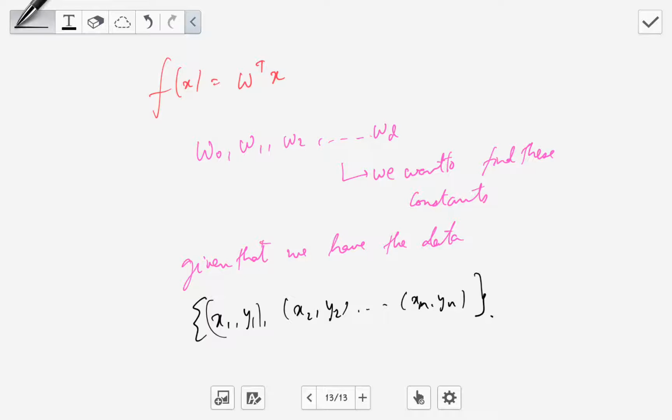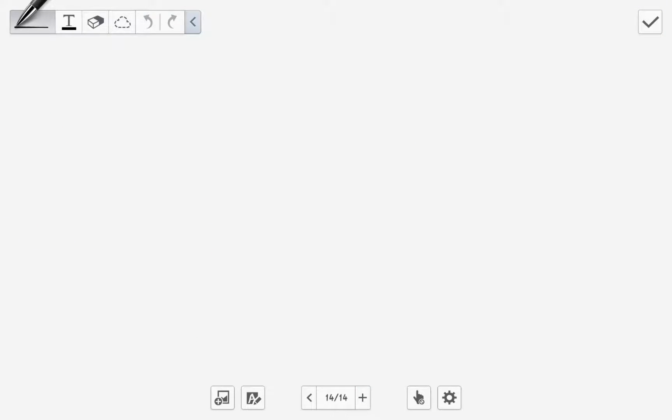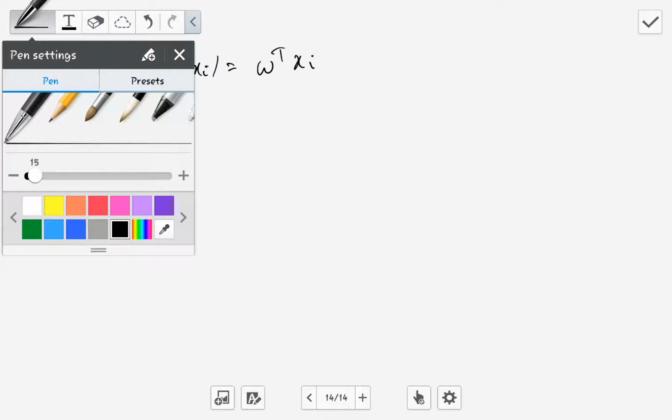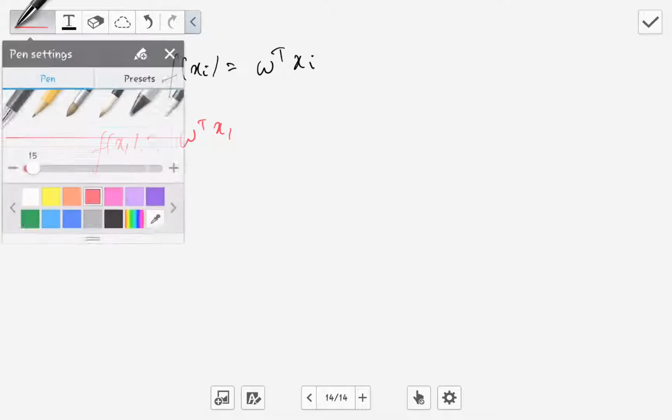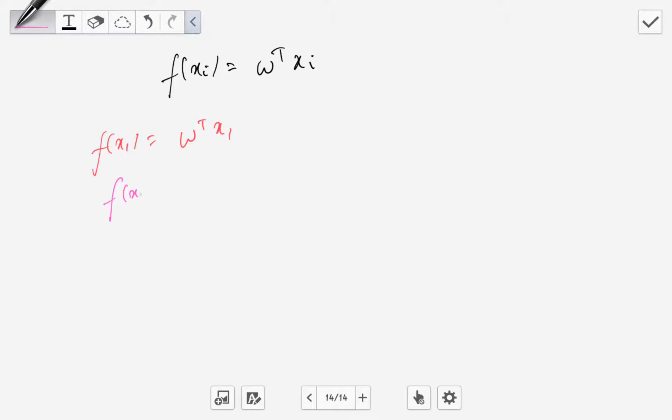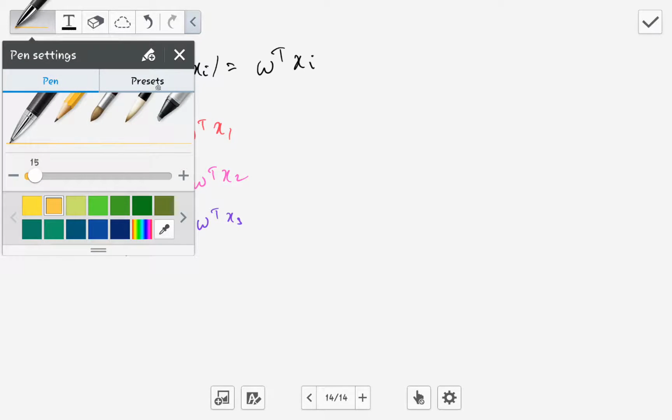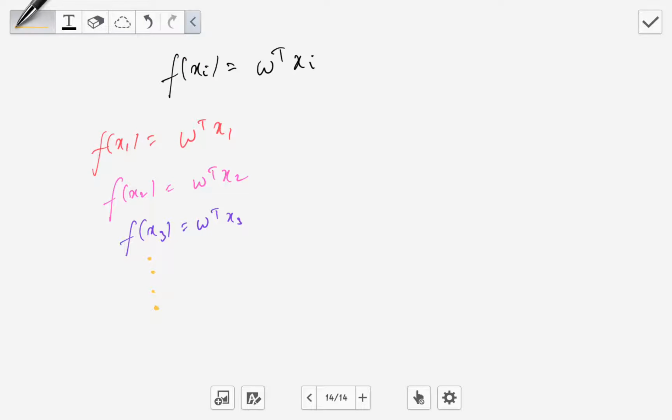Okay, fine. Now since we have each of these, we have f of xi is w transpose xi. That implies we have f of x1 as w transpose x1, f of x2 as w transpose x2, f of x3 as w transpose x3, and so on, f of xn as w transpose xn.